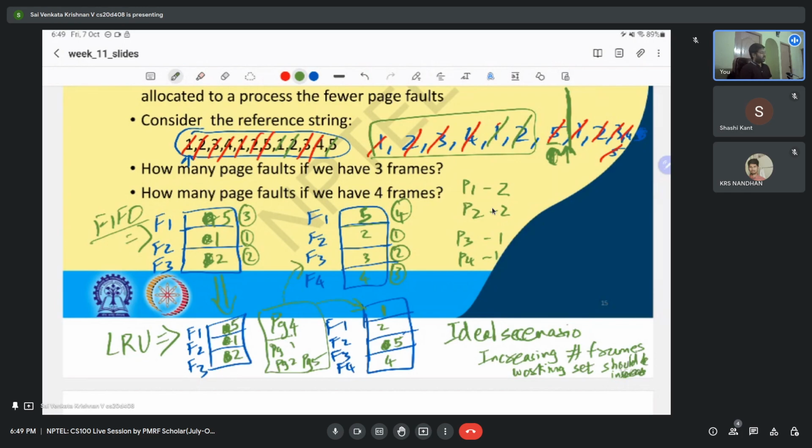Mostly, no. Because the concept of locality of reference is more evident in LRU. If we have more number of pages, then obviously we are more considering locality of reference.